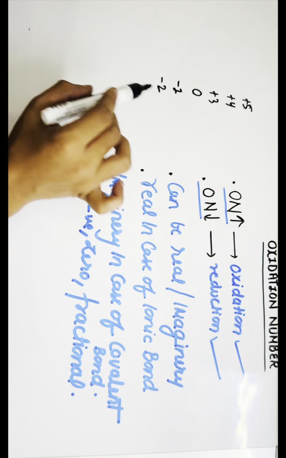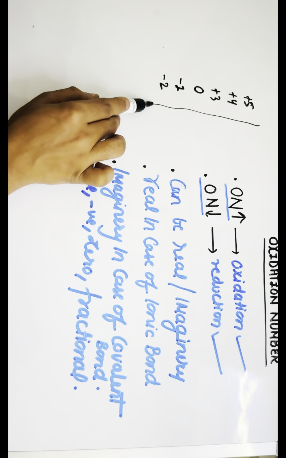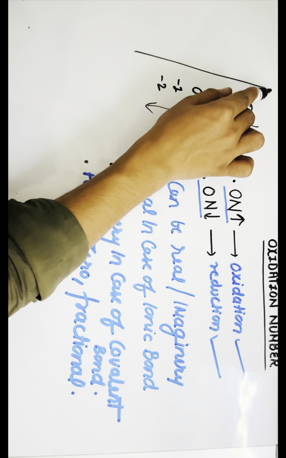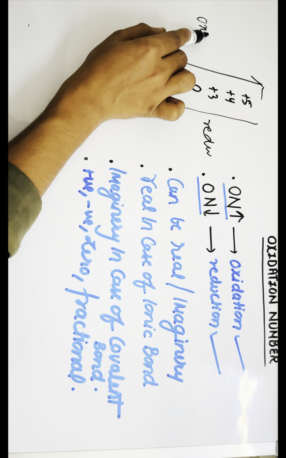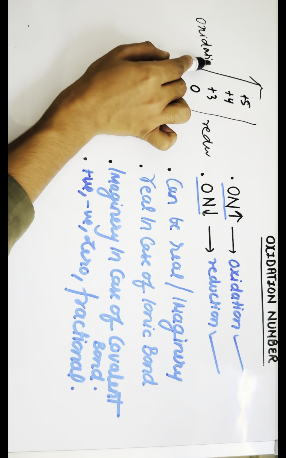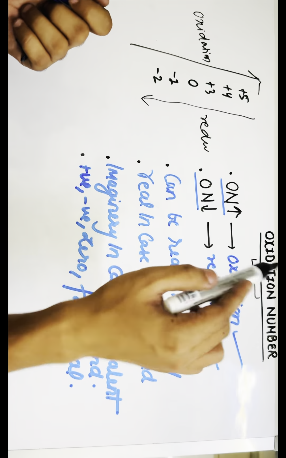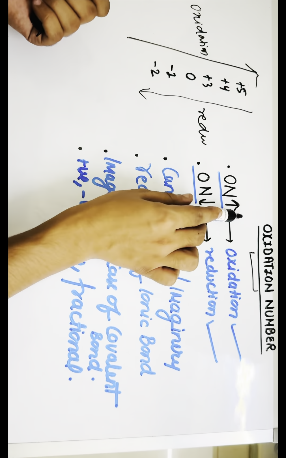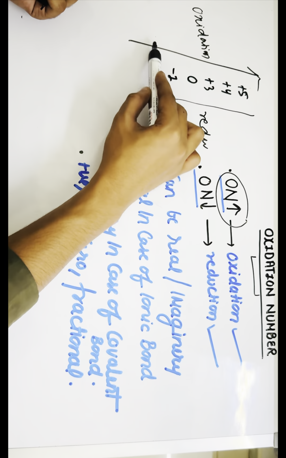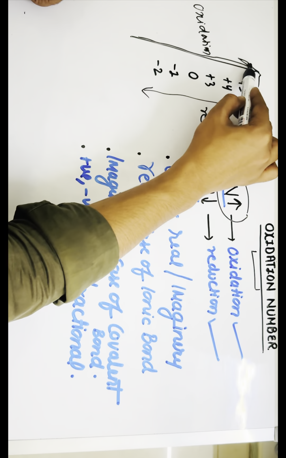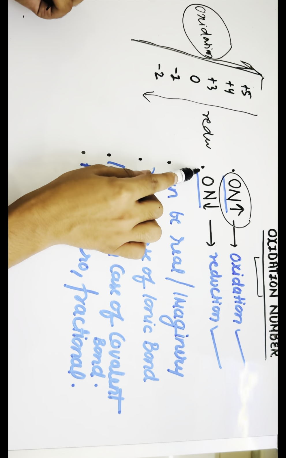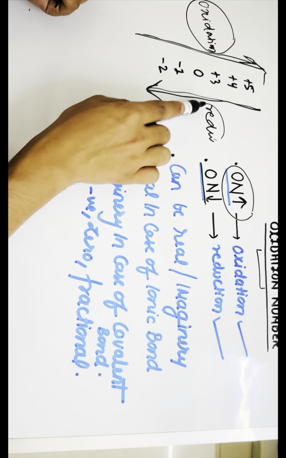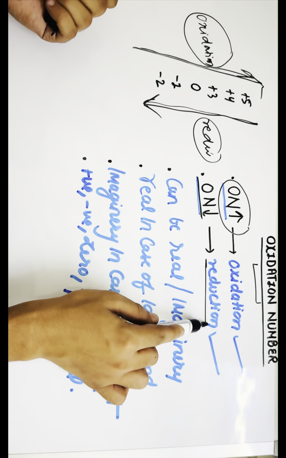I told you in that video that if it goes one way, these are the reduction cases, and if it goes the other way, then it is oxidation. These are all charges, so if the charge is increasing, it means oxidation, and if the oxidation number is decreasing, it means reduction.